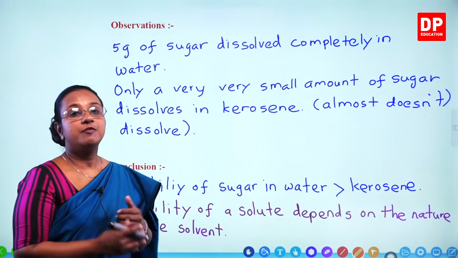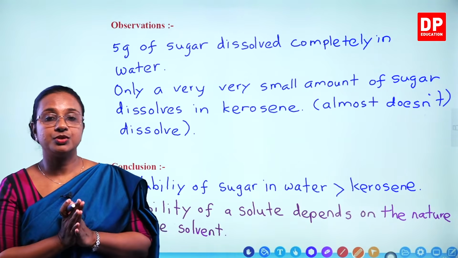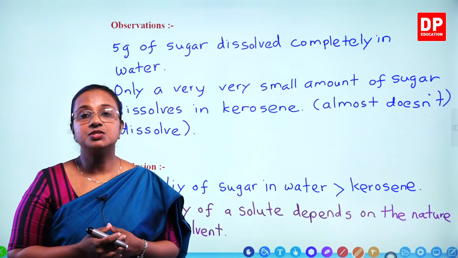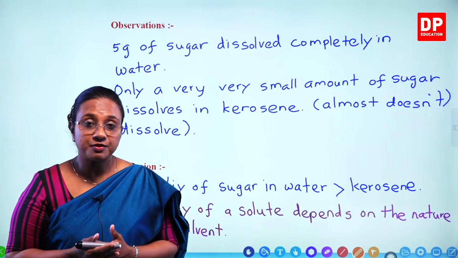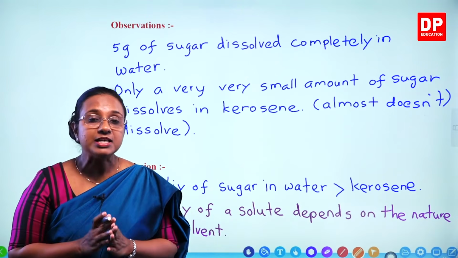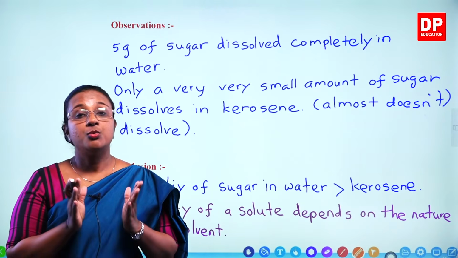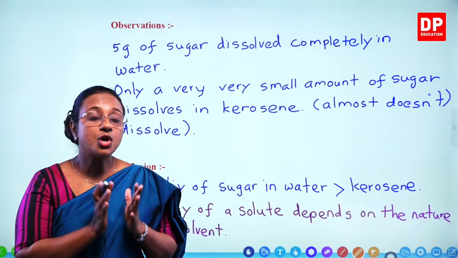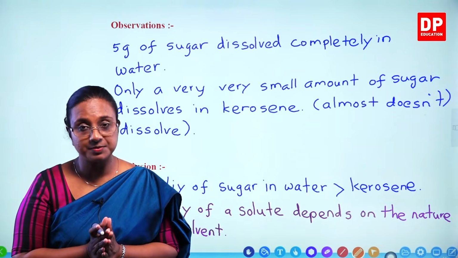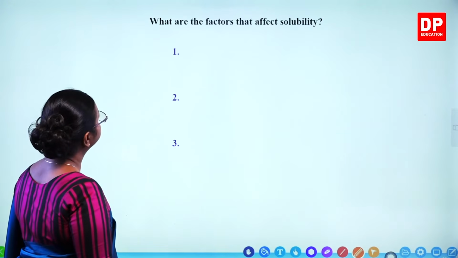So students, from these two observations, you have understood that the nature of solute affects the solubility, and the nature of solvent affects the solubility. Based on these two, the nature of solvent and solute, we can classify solvents and solutes into different types. Let me explain the classification.